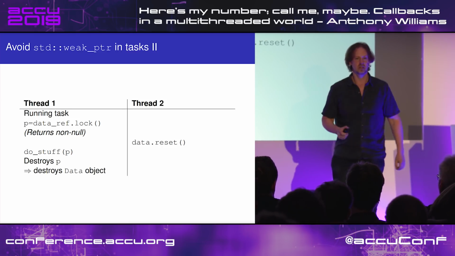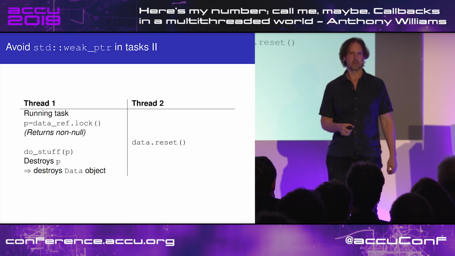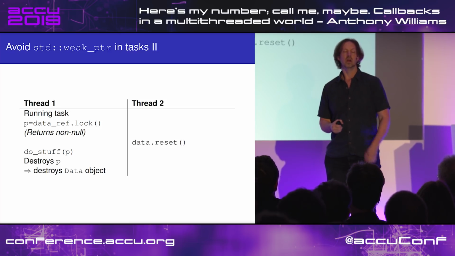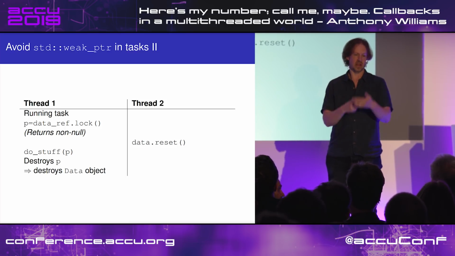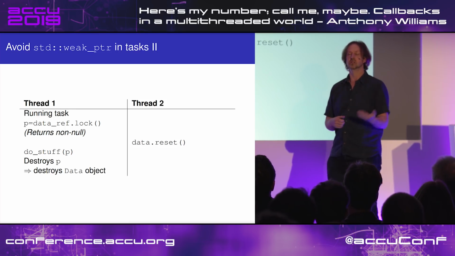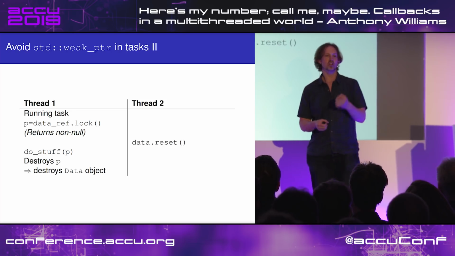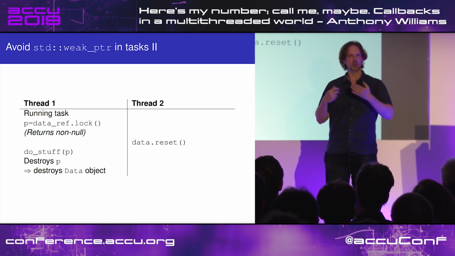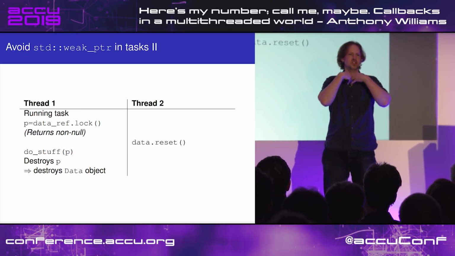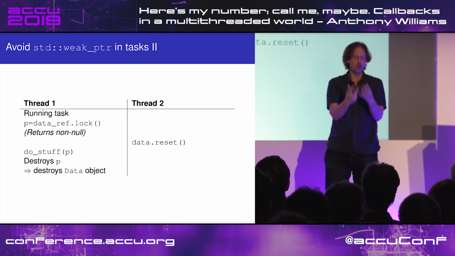Yes, there's a question. Isn't it the same problem with shared pointers? So the question is, do you get the same problem with normal shared pointers? Yes, but if you're using a shared pointer straight off the bat, then you're already aware of that.